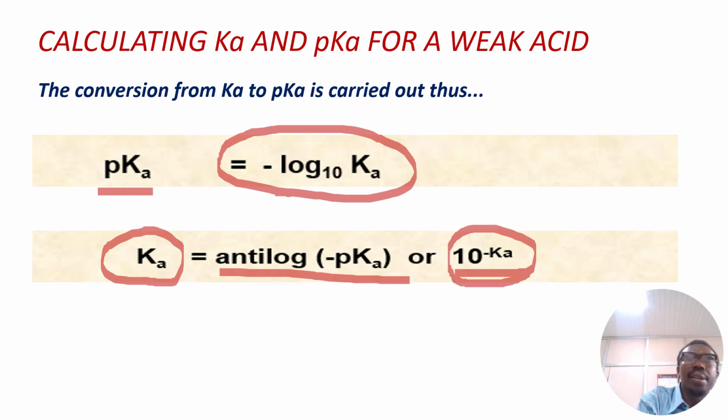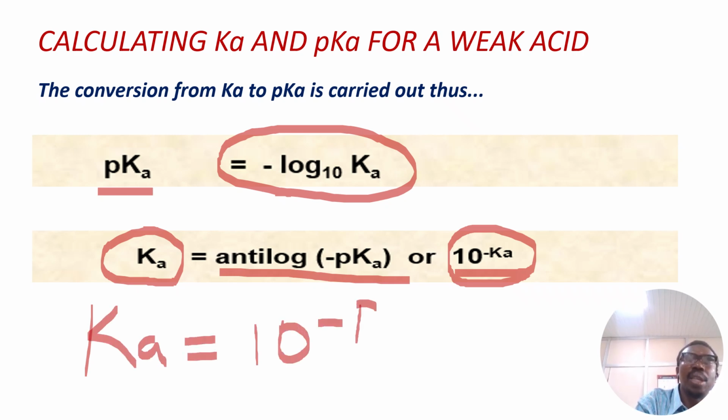So if you are given the Ka, you can calculate the pKa, which is the negative logarithm to base 10 of the Ka. If you are given the pKa, you can calculate the Ka, which is 10 raised to the power minus pKa. It's as simple as ABC. That is how you can calculate the Ka and the pKa for a weak acid. Once you know the Ka, you calculate the pKa.